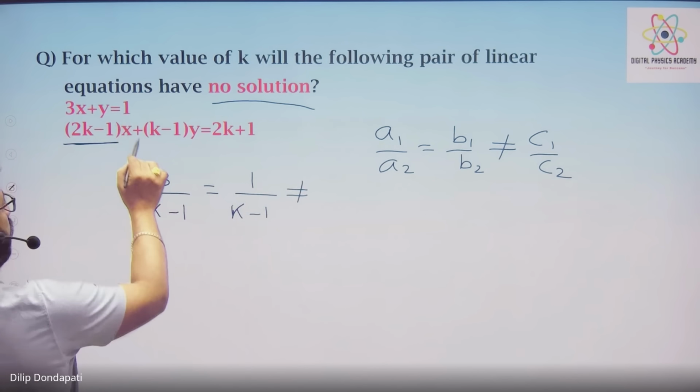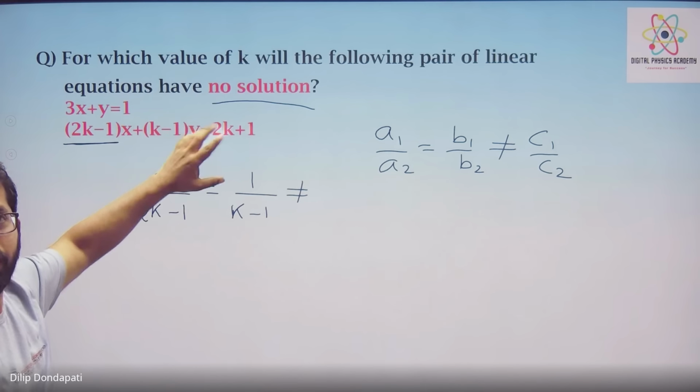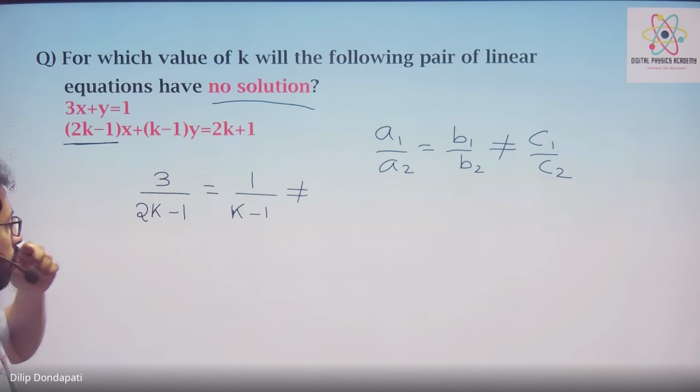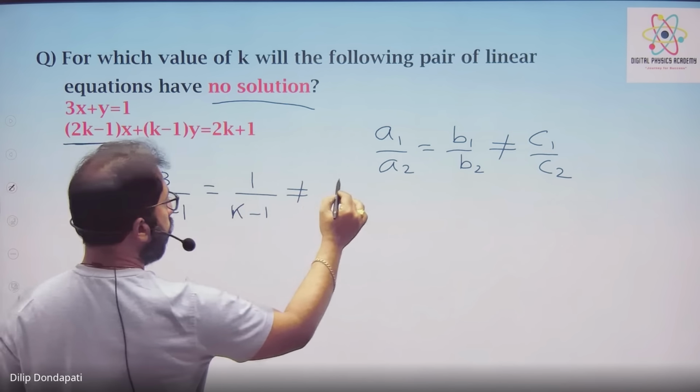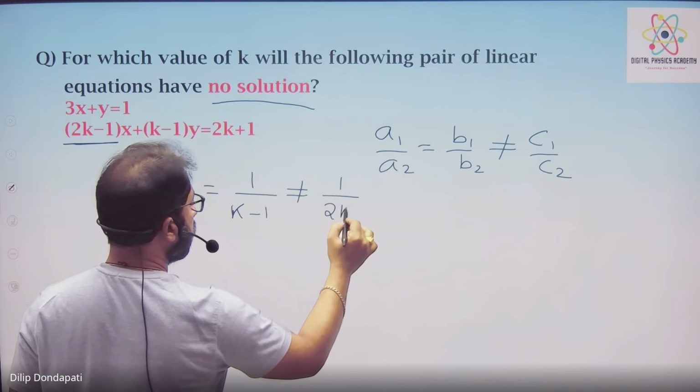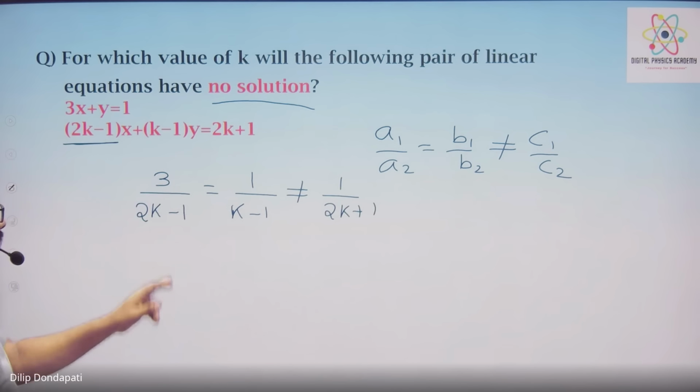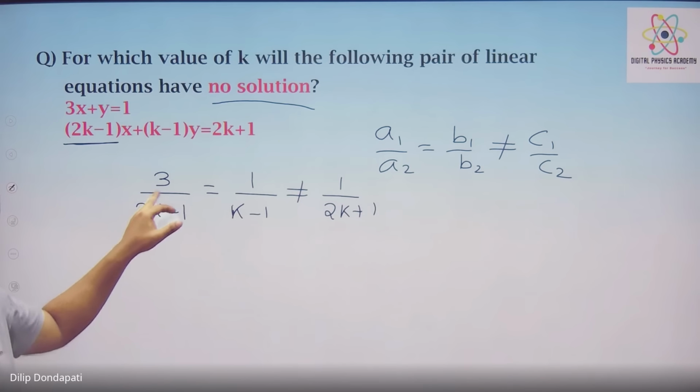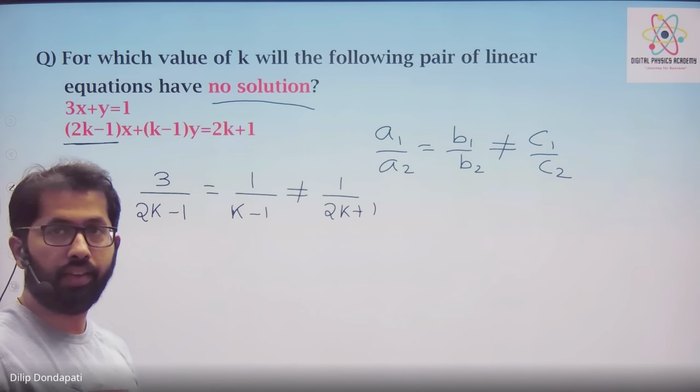You should be very careful that when the c is here, this side also should be there. Sometimes they can give one c on this side, you have to change that side and make it. Otherwise the sign will go wrong. Should be very careful. Not equal to 1 by 2k plus 1. Okay, now cross multiply both and solve, and find k value.